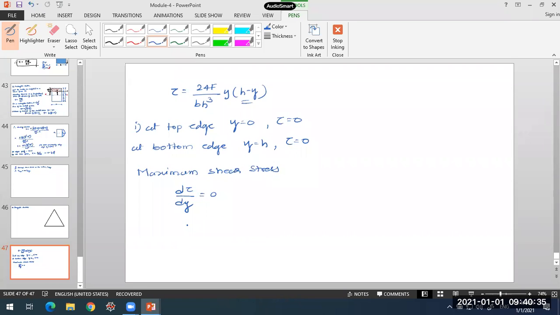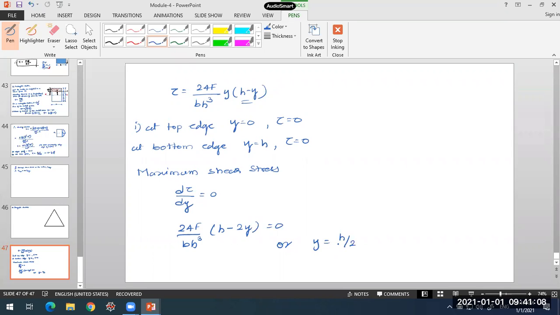So if I differentiate that, what happens is 24 F upon BH cube into H into Y, differentiation of H into Y, H minus differentiation of Y square will be minus 2Y. So this should be equal to 0. Or what it tells me is this H minus 2Y term has to be 0. This cannot be 0 here. So Y will be equal to H by 2. This is the point where maximum shear stress will come.